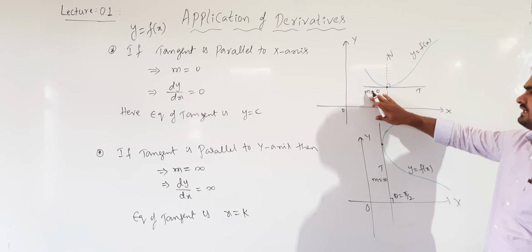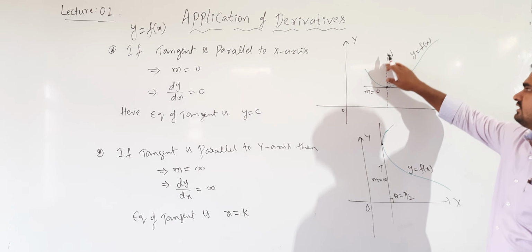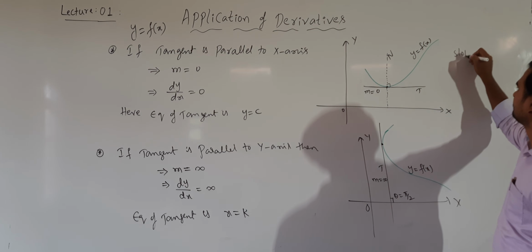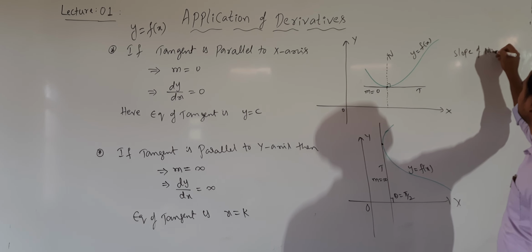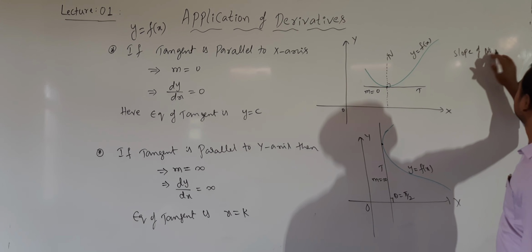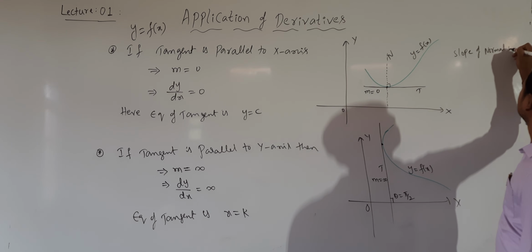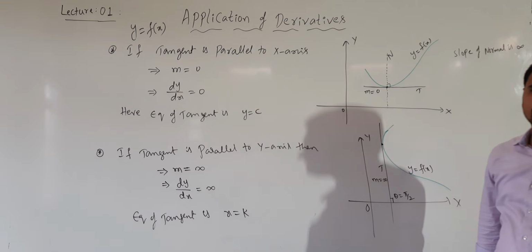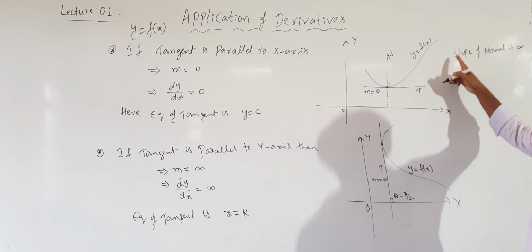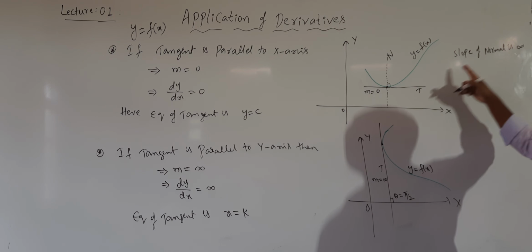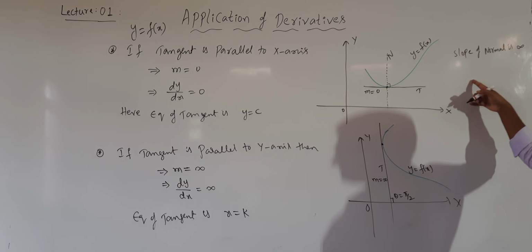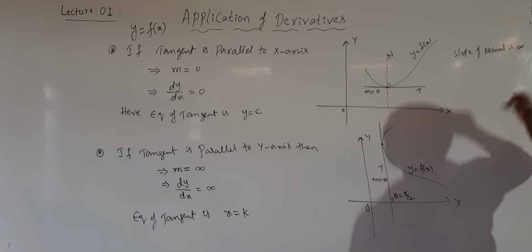When the slope of tangent is 0, the slope of normal is undefined.